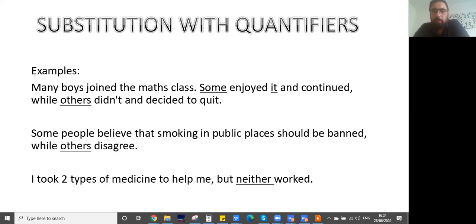Okay, so Esma said types of medicine, the 2 types of medicine. Salih has said the same. So we're referring to the 2 types of medicine there. Excellent.